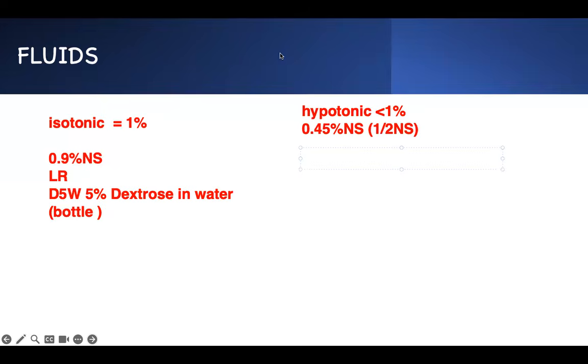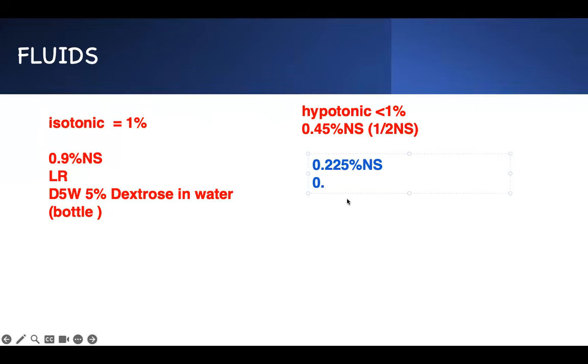Okay, let me use blue so that you can see. Right, that's the first one. The next one, if you keep on going down, 0.225% of the normal saline, that means half of this, you're going down, hypotonic solution.